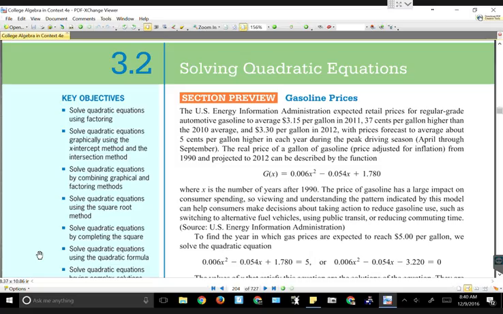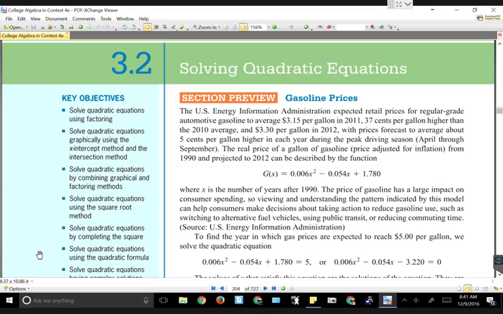So, the U.S. Energy Information Administration expected retail prices for regular grade automotive gasoline to average $3.15 in 2011, 37 cents per gallon higher than the 2010 average, and $3.30 per gallon in 2012, with prices forecast to average about 5 cents per gallon higher in each year during the peak driving season, September. Now it says the real price of a gallon of gasoline adjusted for inflation from 1990 and projected to 2012 can be described by the function.